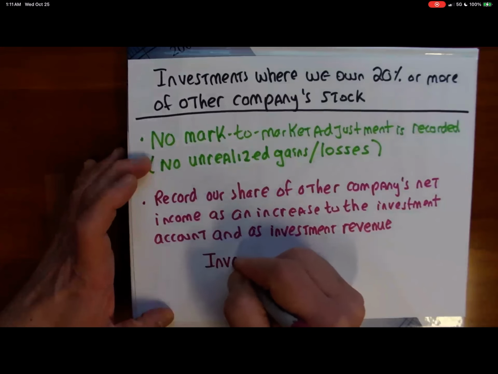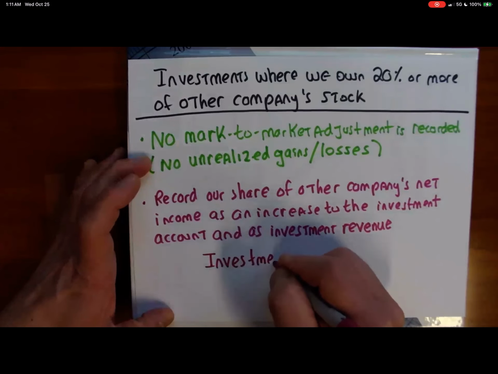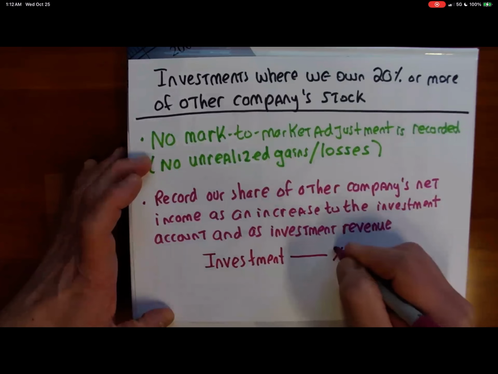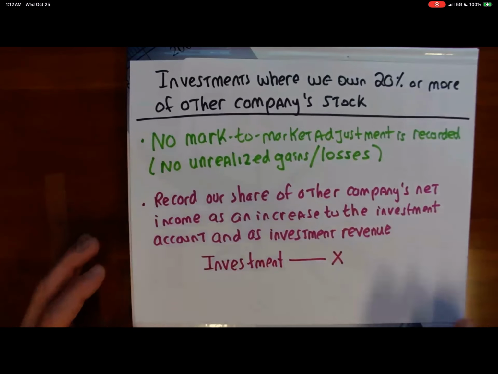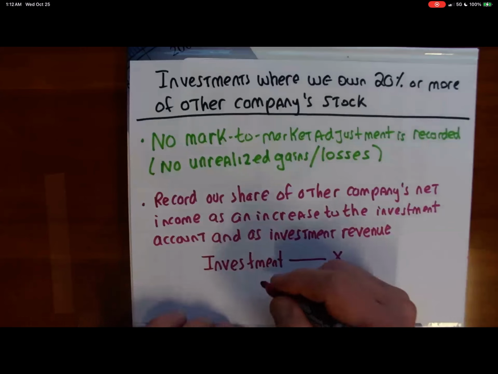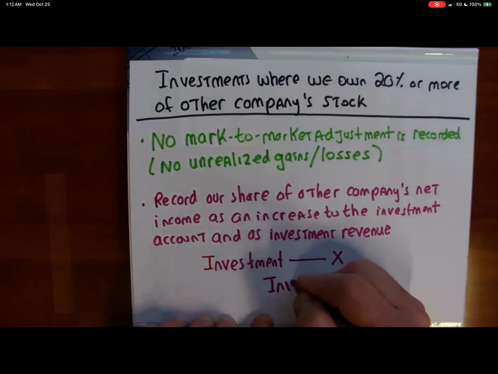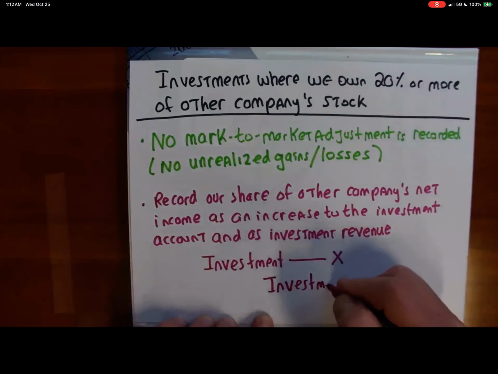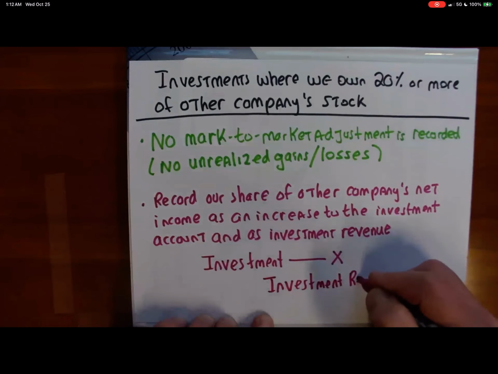So we would debit the investment account. And it says we're recording investment revenue. To record a revenue, we credit the revenue account. So we would credit our investment revenue.